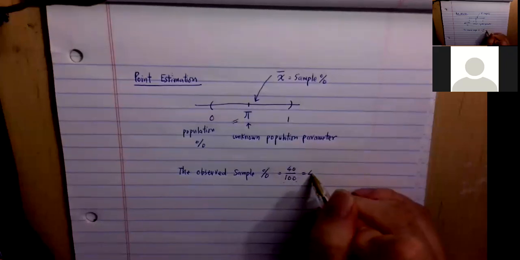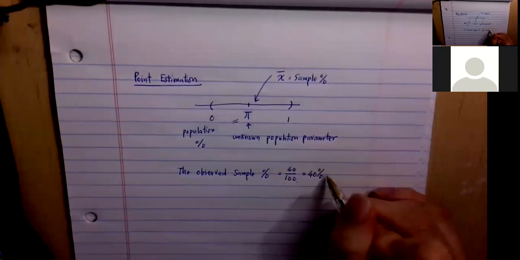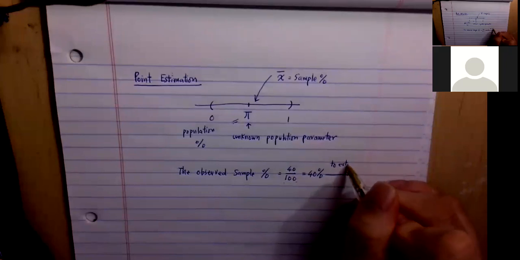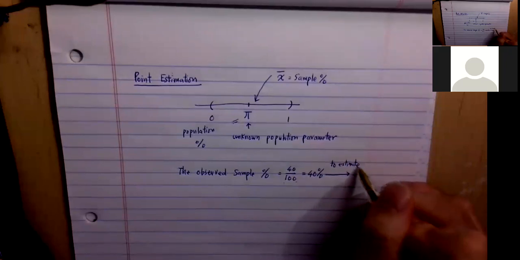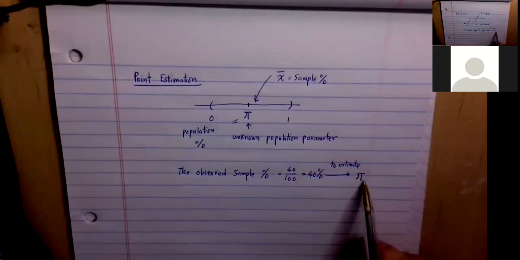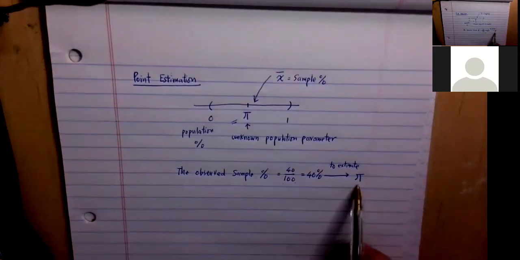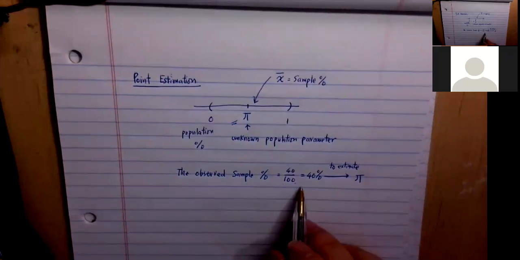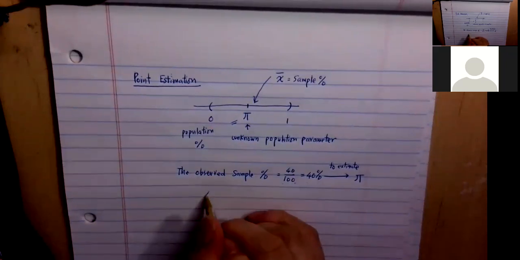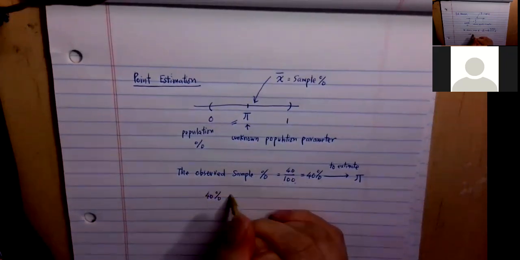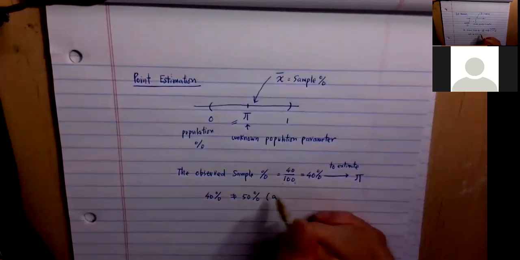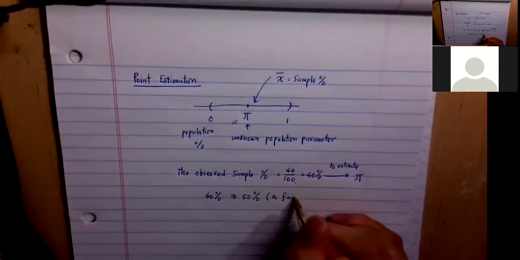So this is 40%. And we use 40% to estimate pi. A fair coin means pi should be equal to 50%. But now we only see 40%. So based on point estimation, 40% is not equal to 50%. 50% is what you expect to see on a fair coin.